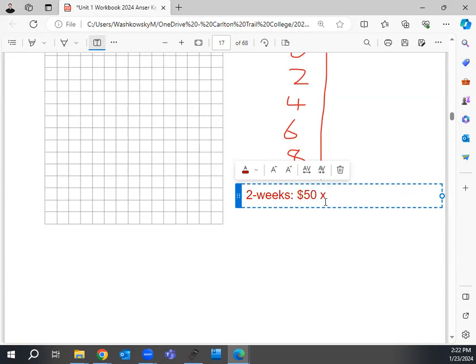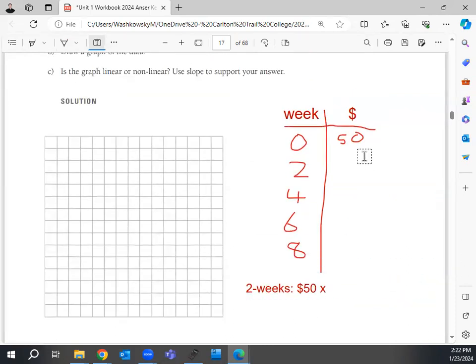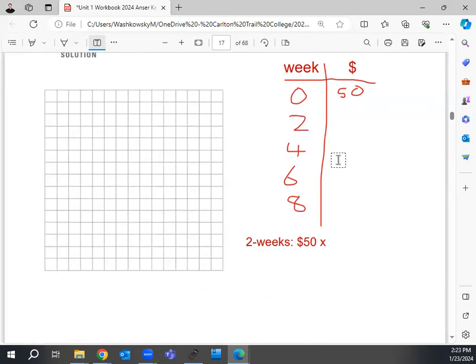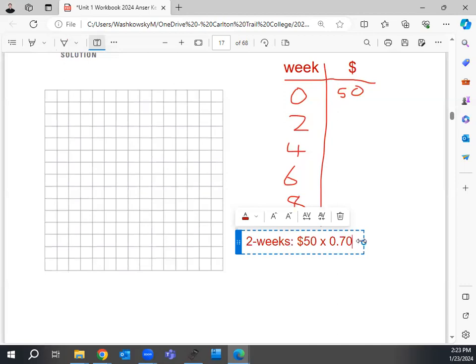If it's losing 30% of its value, it's still maintaining 70% of its value. So what I want to know is, what is it going to be at 70%? 70% as a decimal is 0.7. All I'm doing is moving the decimal.